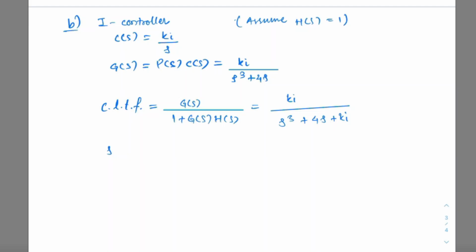Hence, the integral controller alone cannot stabilize the system.